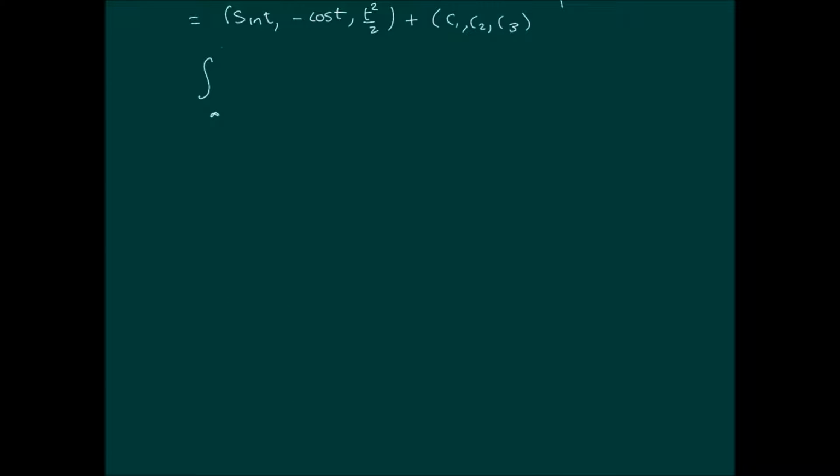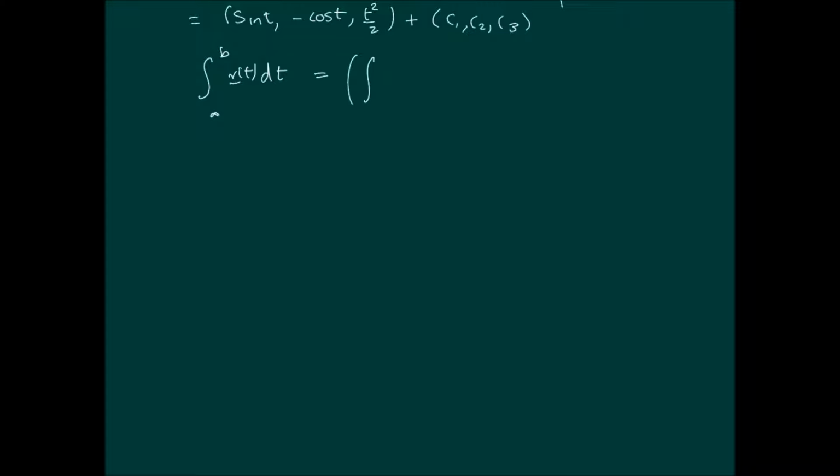Similarly, the definite integral from a to b of any vector function r of t dt is equal to, if r(t) is f, g, h, then it's simply the individual integrals.